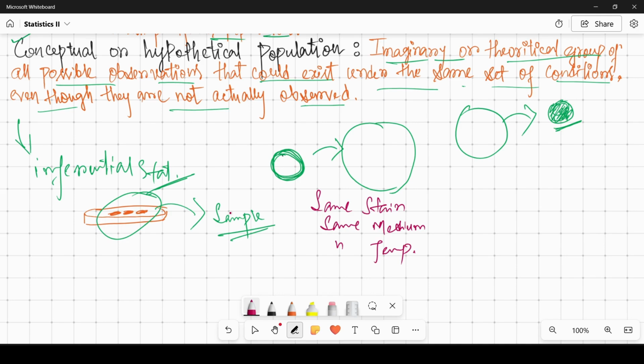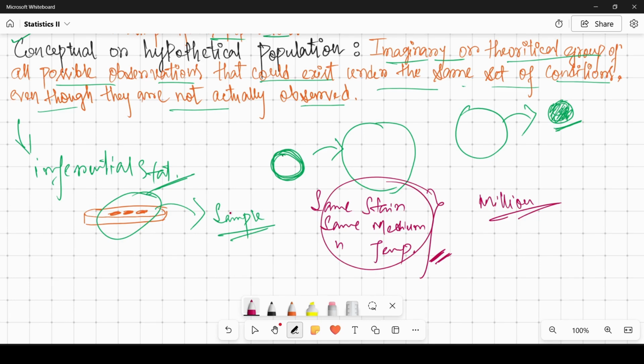So what is happening here, by maintaining the same set of all these possible conditions, we can culture so many colonies of that specific bacteria that could grow under these identical conditions. So there can be millions of these bacterial colonies that can grow under the same set of conditions.